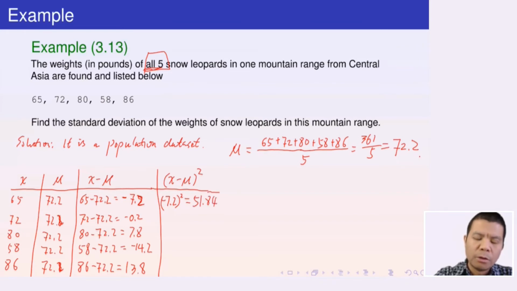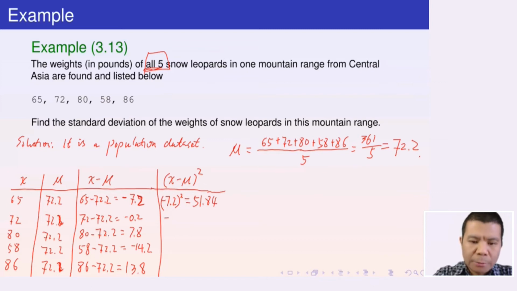Now, be careful. I'm not rounding it here, because I'm in the process of getting the value of the standard deviation. I want to be as accurate as possible during the process, so at this point, I'm not rounding it.